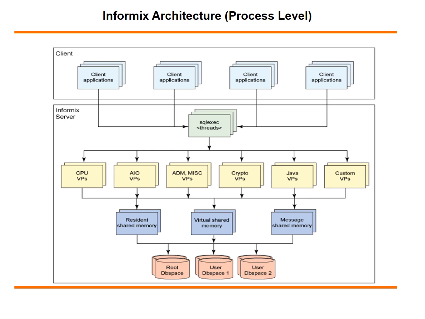The main memory structure here is the shared memory. Shared memory has three segments: one is resident shared memory, the second is virtual shared memory, and the third is message shared memory. Finally it connects to the DB spaces, the user DB spaces and the default root DB space, and you store the data there.